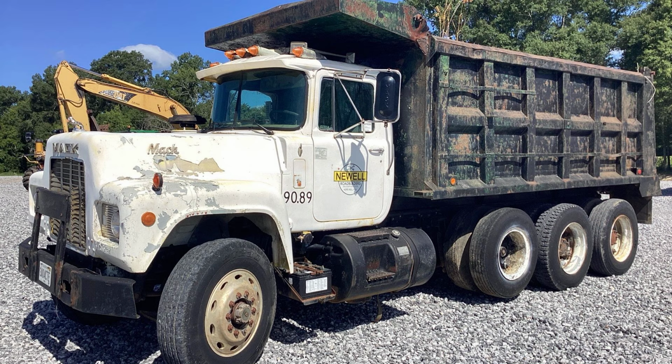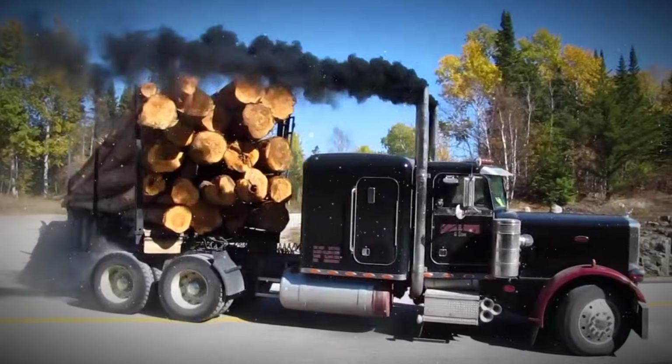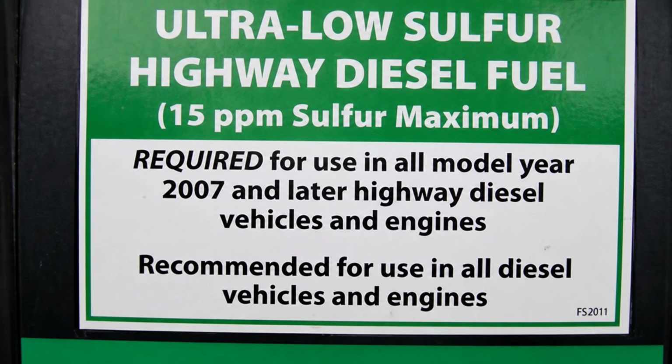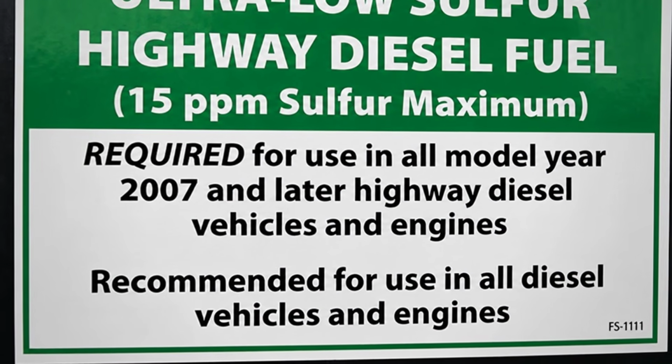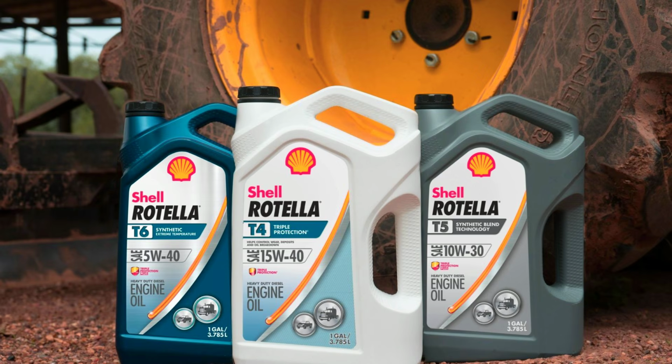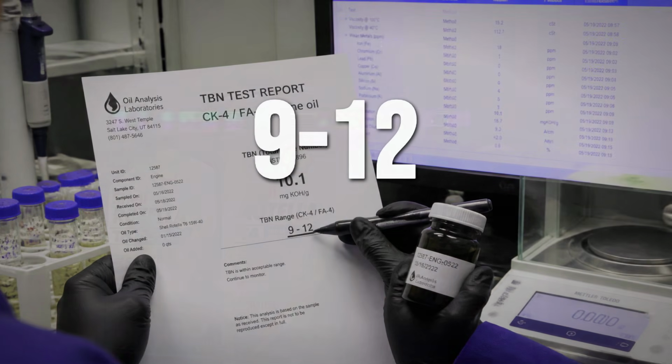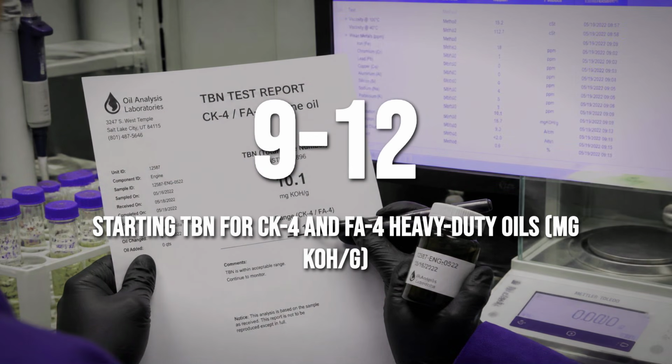Heavy-duty diesel engine oils historically began at 12 to 20 or higher, driven by the sulfuric acid load from high-sulfur diesel fuel. Modern ultra-low sulfur diesel, capped at 15 parts per million in the United States, has changed those numbers. Current CK4 and FA4 rated heavy-duty oils typically start their total base number closer to 9 to 12.